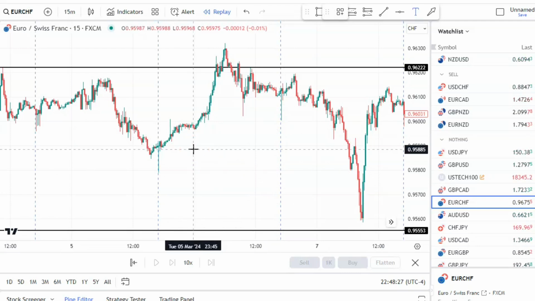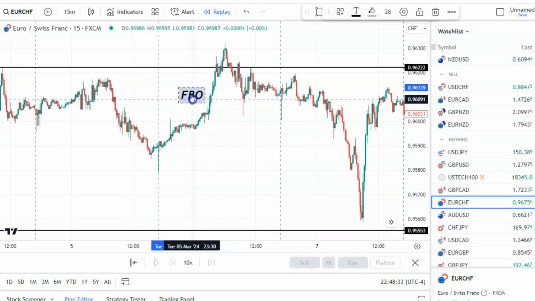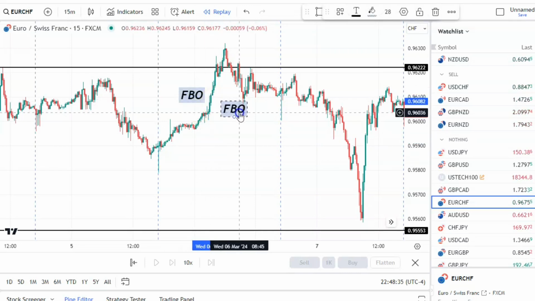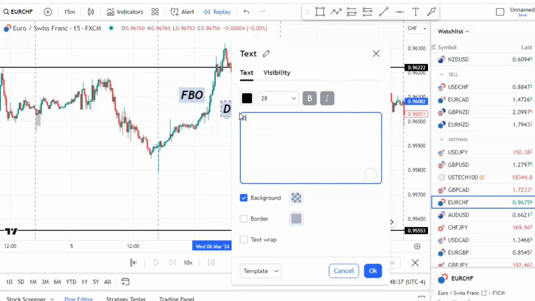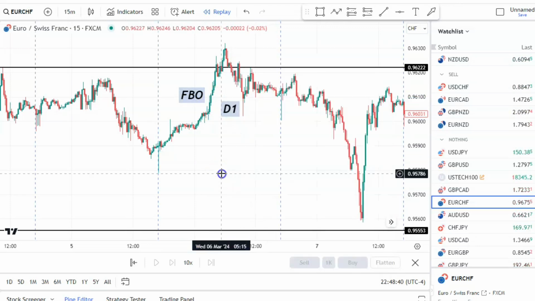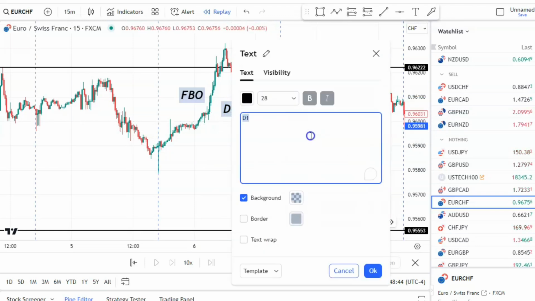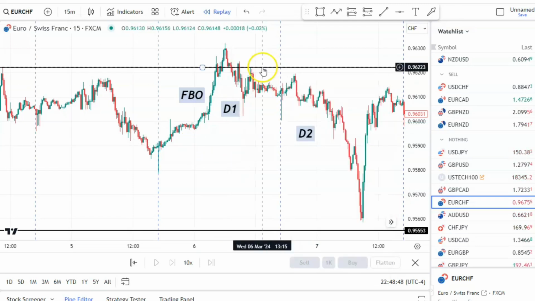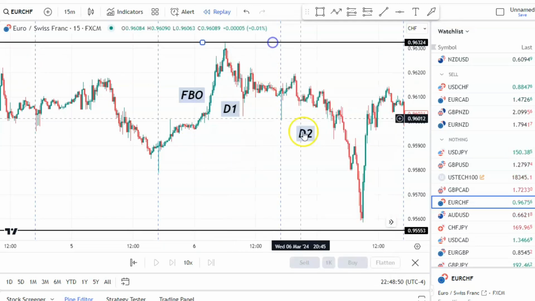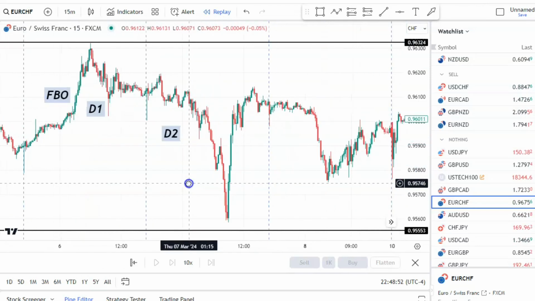Now, additional information. The day that we have a failed breakout, so on this day, on Wednesday, this is called day 1. And we sell on day 2. Now, if day 2 stays within the range and does not break out of the high or the low, then we can continue selling on day 3.